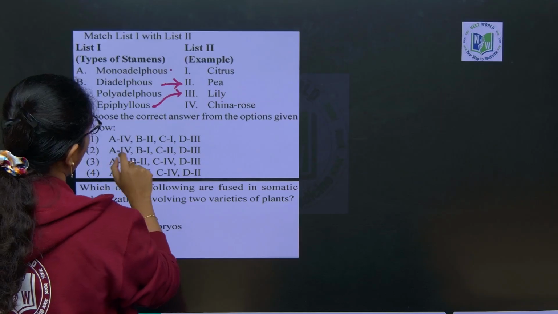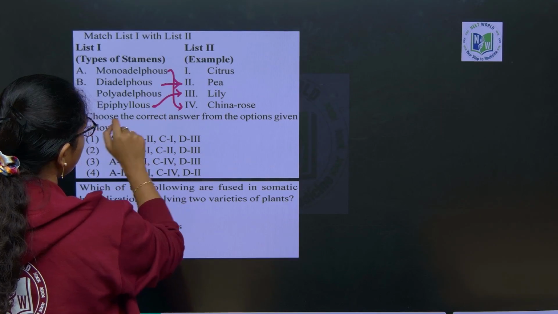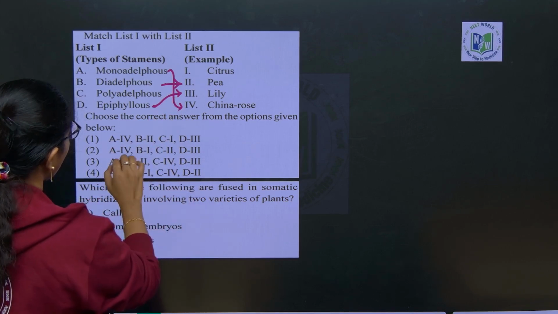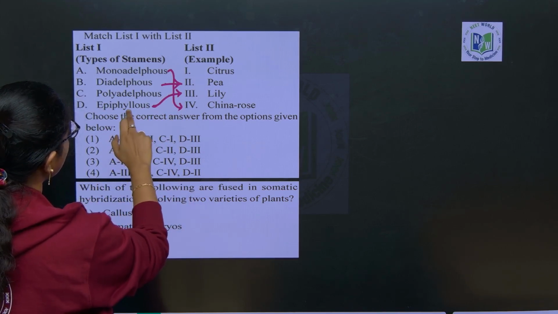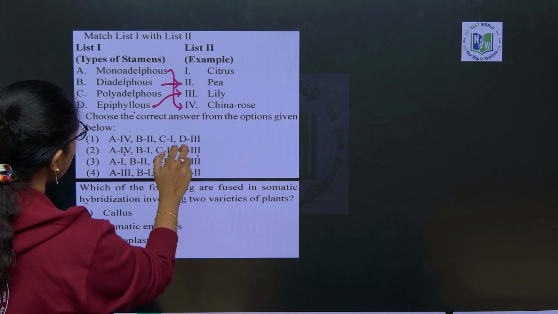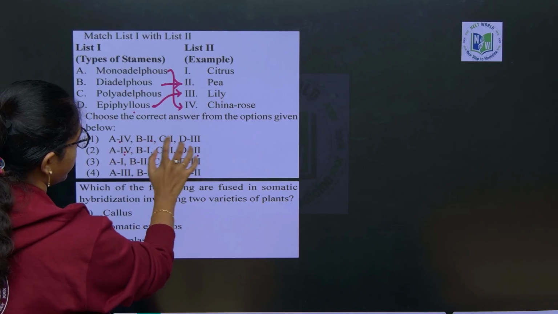Option 1, wherein A is 4, monadelphous China rose and polyadelphous. So A is 4, D is 3, B is 2, C is 1.